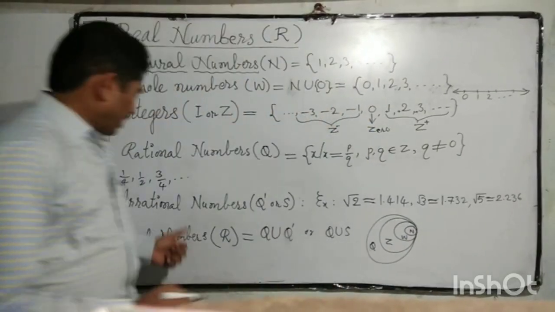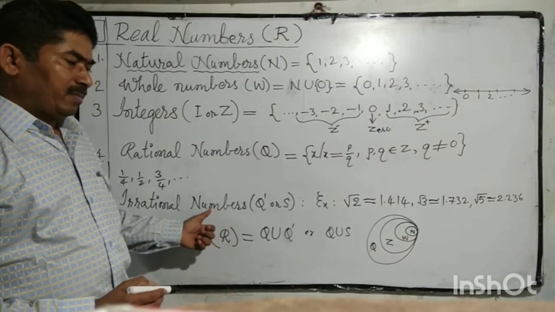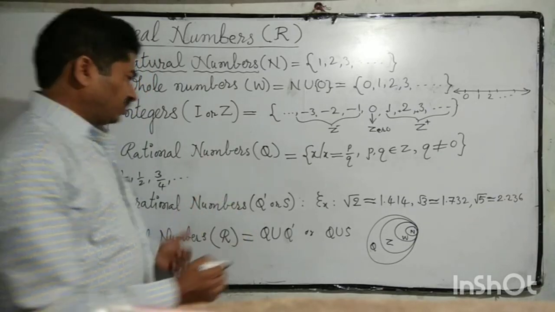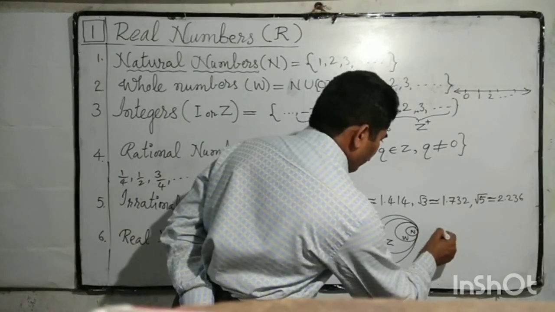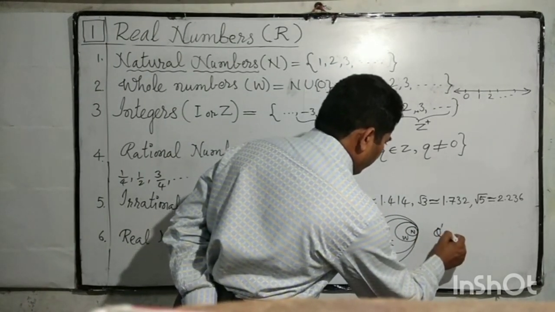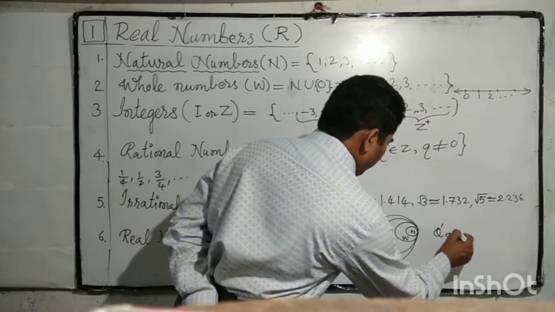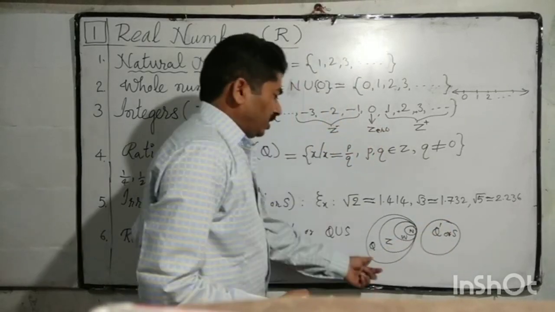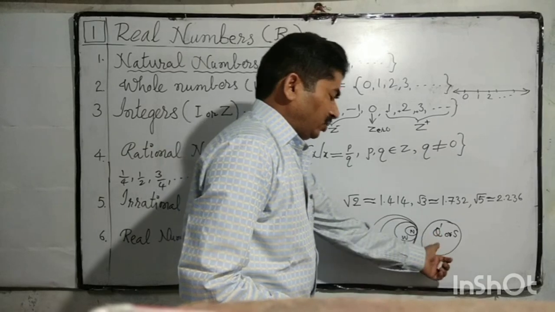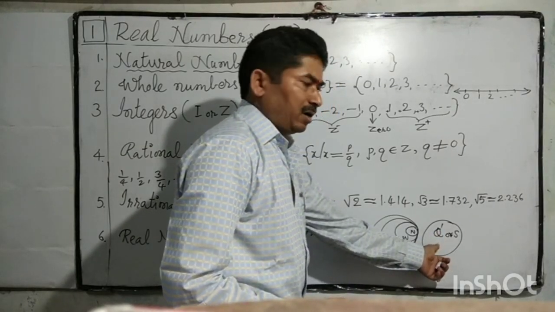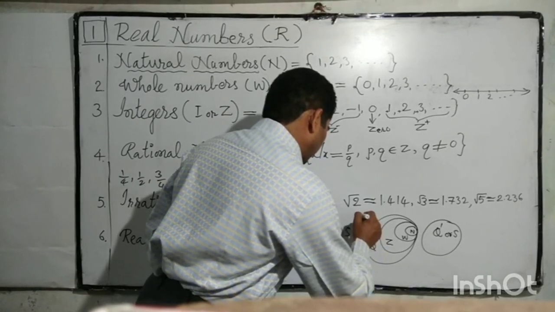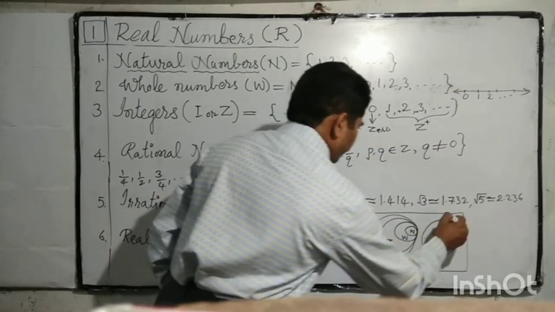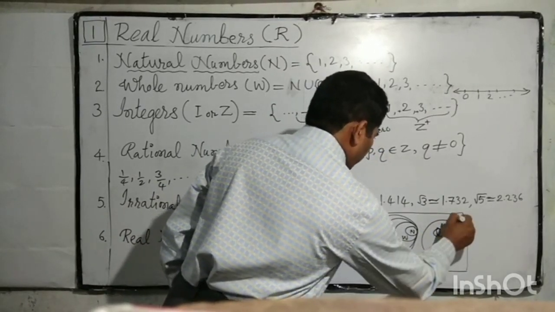But the numbers that are not rational numbers are irrational numbers. So these are Q dash or S. Rational numbers and irrational numbers together are called real numbers. These are real numbers.